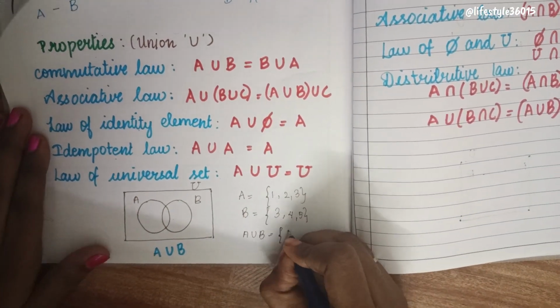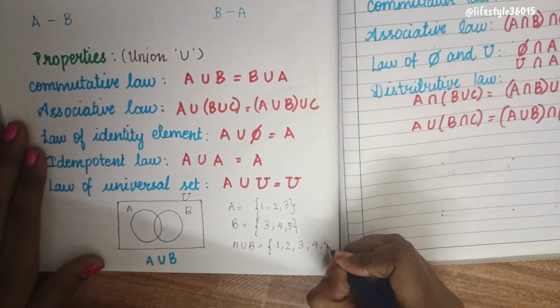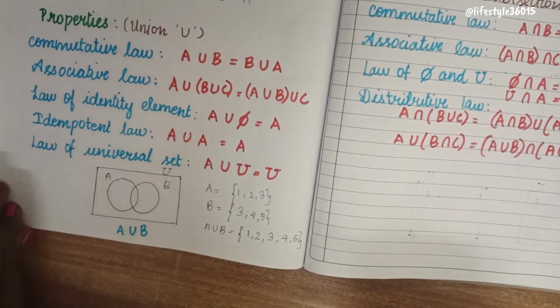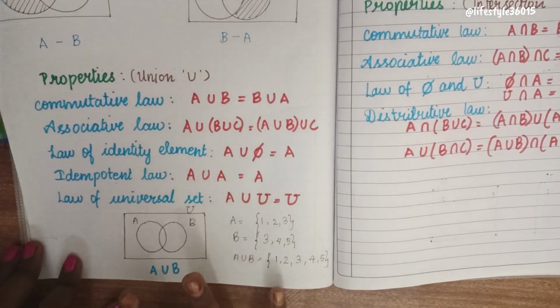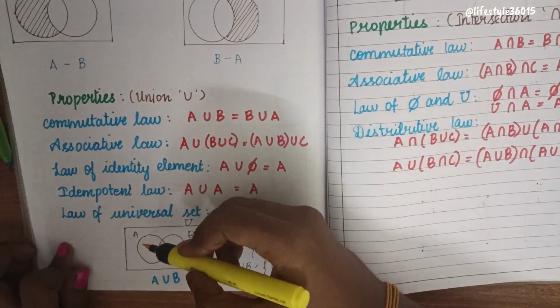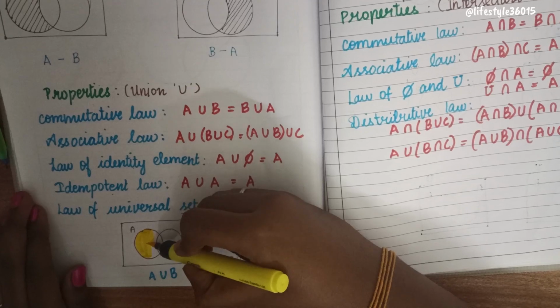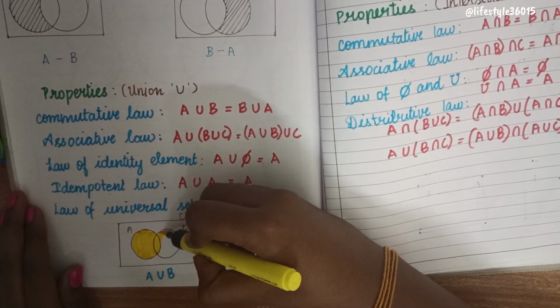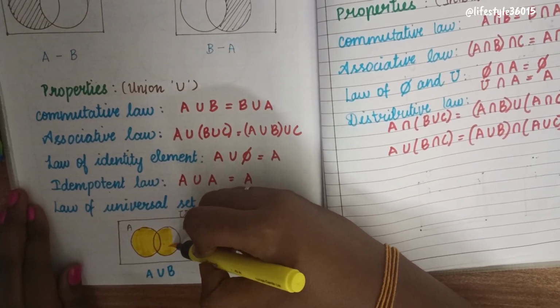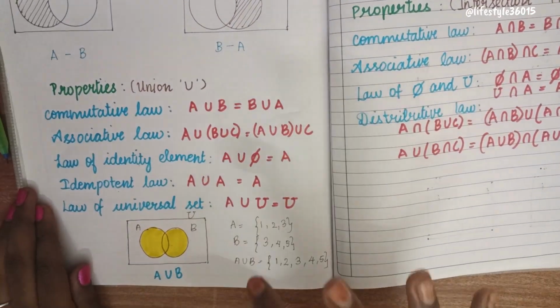We will get 1, 2, 3, 4, 5, right? This you already studied. This is what we will also do with the Venn diagrams. We are unifying both the sets, right? Yes. Now, when they ask you A union B, you should shade both A and B. This is how you draw A union B. I hope you understood this.